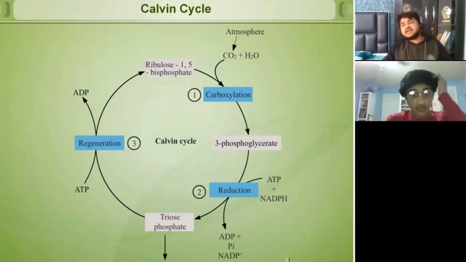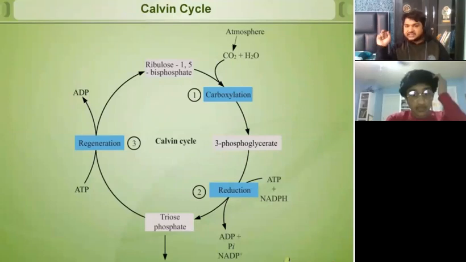And in one cycle, how many ATPs are used? Three, because two at reduction and one at regeneration.